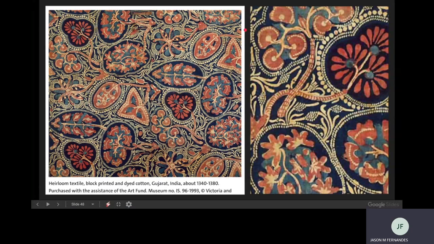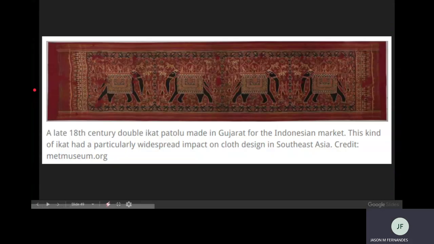And they're cranking these things out. You have the caste system in India, so people have a role. You have these block printers, you have people working on the looms, you have the agricultural workers. So it's a system that definitely relies on that system of caste to mass produce these things. It's another example, and they are producing these for the world market. This is for the Indonesian market.